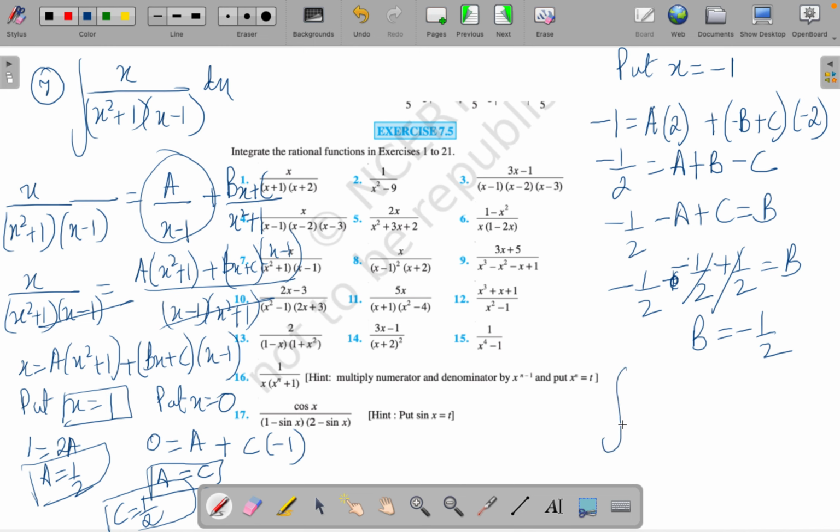So integration of A/(x − 1) dx plus integration of (Bx + C)/(x² + 1).